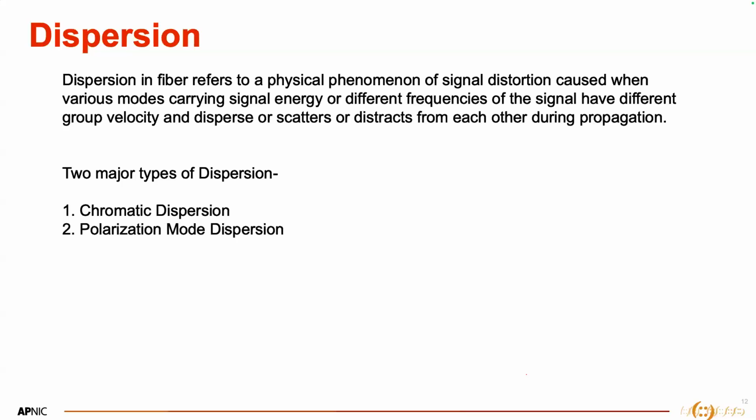But as time goes by, they become out of sync. In the beginning they were like this, but over time and distance, maybe one of the waves in one of the planes got weaker and fell behind. This phenomenon is called polarization mode dispersion.